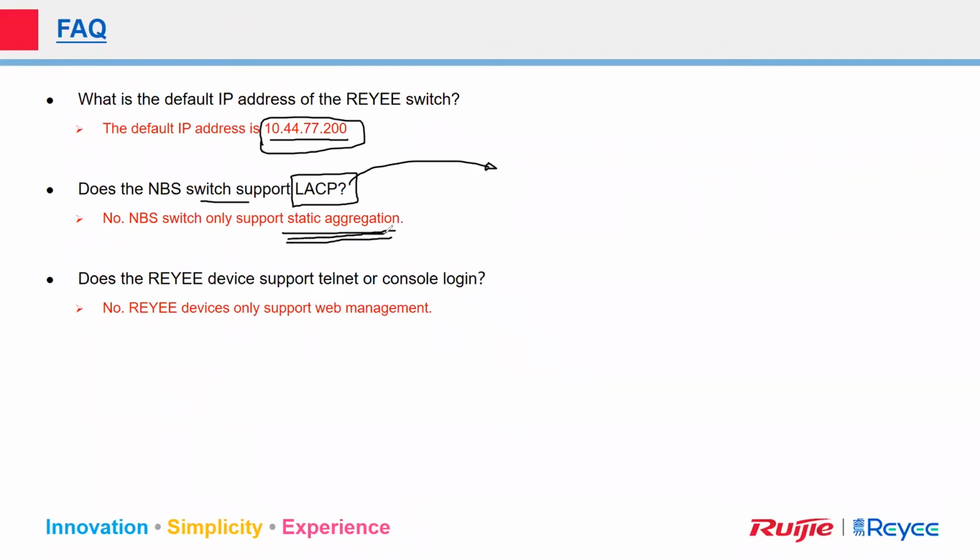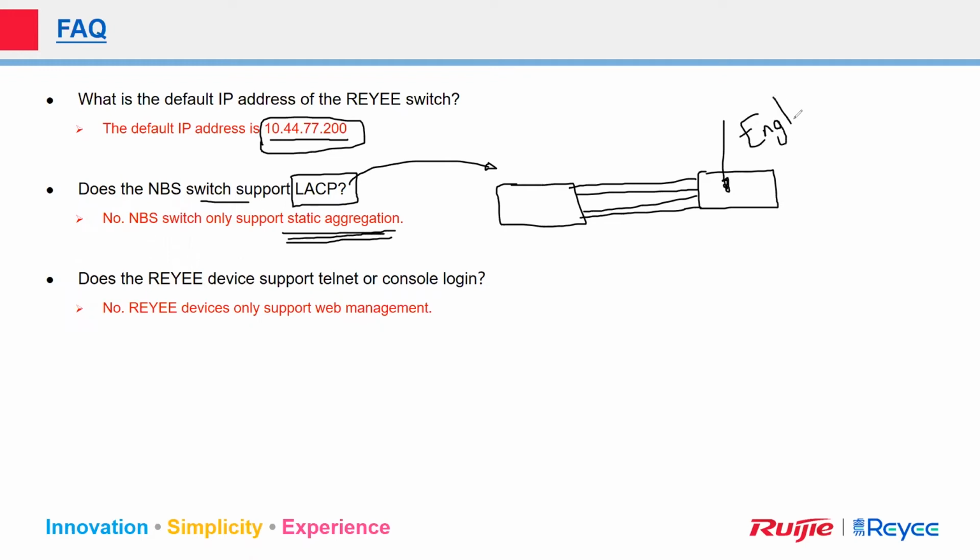It supports static aggregation. Well, for this part, as it's very important, as we have mentioned, if this switch here speaks English, and this switch here speaks Spanish, for example, and we are doing aggregation here, so this one will never understand this one.